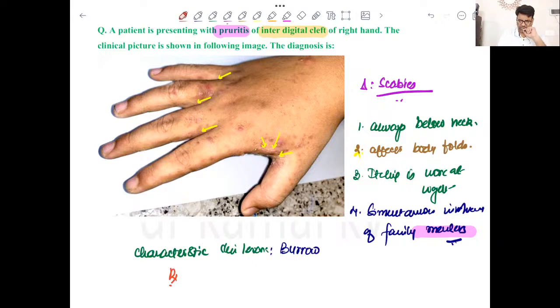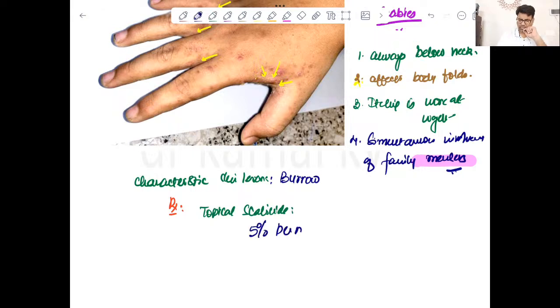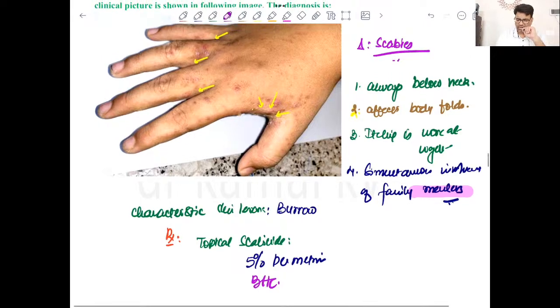And treatment wise, what you need to do? Topical scabicide, and that is 5% permethrin or BHC, right? And it has to be applied below the neck. Okay, so this is in short about scabies, right? Chalo.